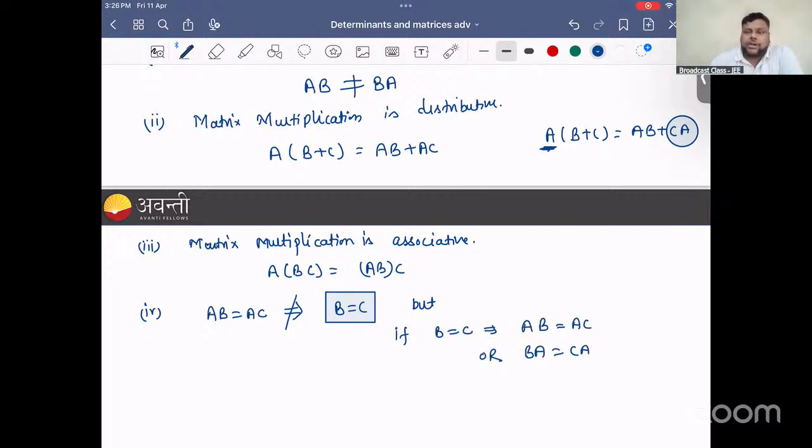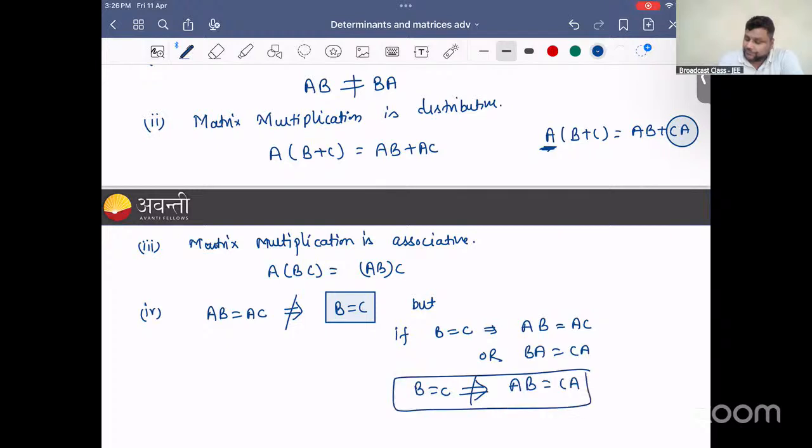But you cannot delete any matrix from an already multiplied equation. And here also, if B equals C, that does not imply that AB equals CA. Means if you are multiplying with A, either keep it as a prefactor both sides or keep it as a post factor both sides. But it should not be like you keep it as a prefactor one side and post factor another side. Am I clear?